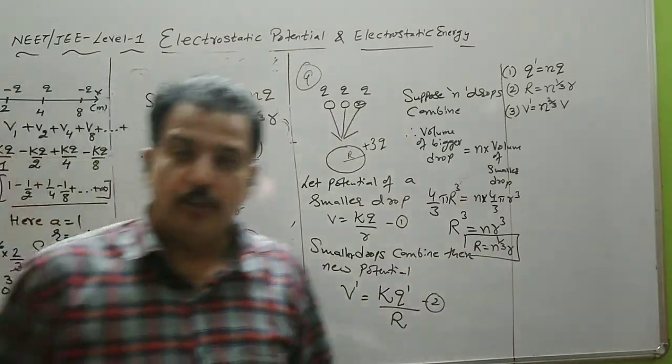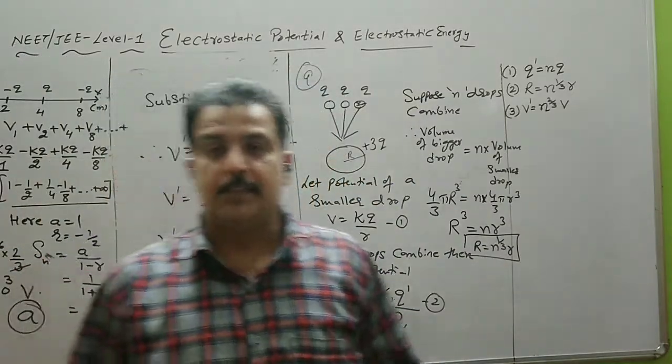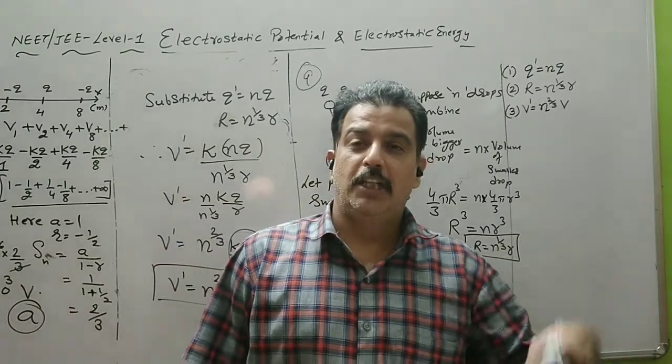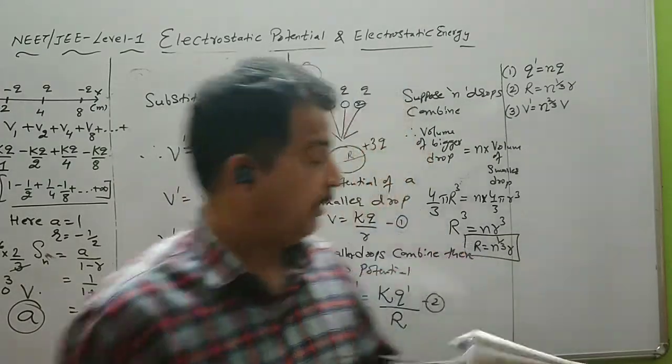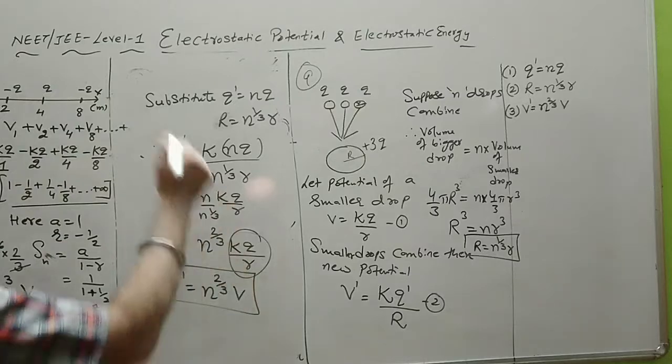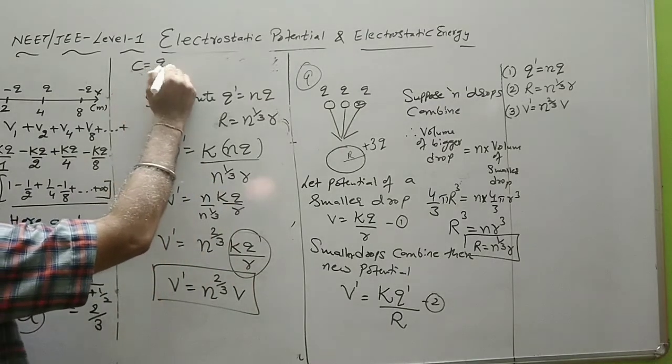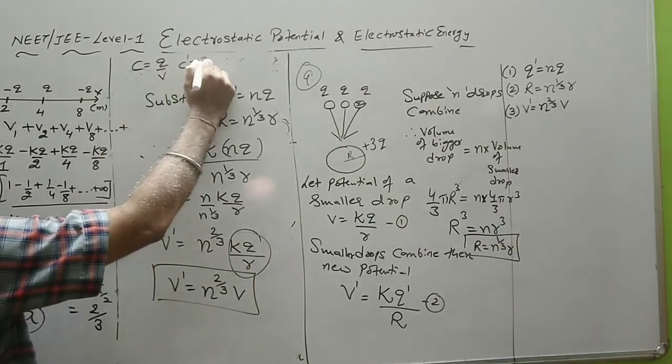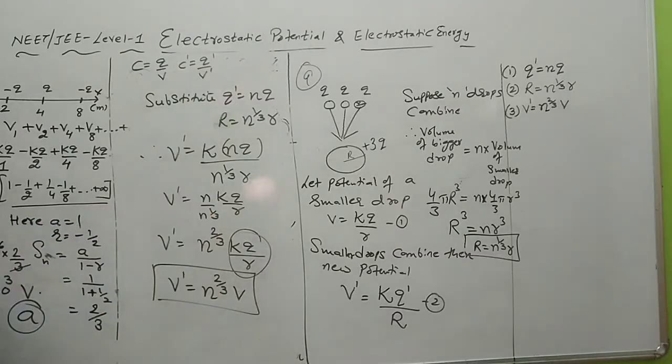You know the formula for capacitance. Capacitance is Q by V. So initial is Q by V. If I want to find out the relation for capacitance, initial C is Q by V, final C dash is equal to Q dash upon V dash.